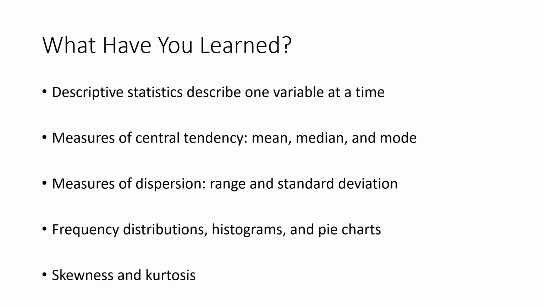And we've also very briefly looked at the concepts of skewness and kurtosis, where skewness refers to a distribution that is excessively skewed either to the right or to the left. In other words, where extreme scores are pulling the distribution to the right or to the left. And kurtosis refers to the excessive peakedness or flatness of a distribution.